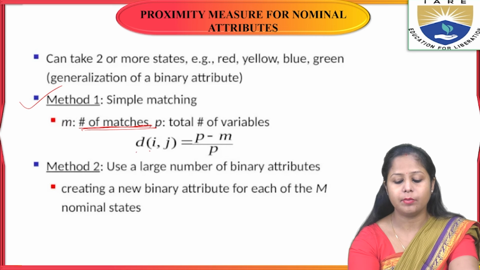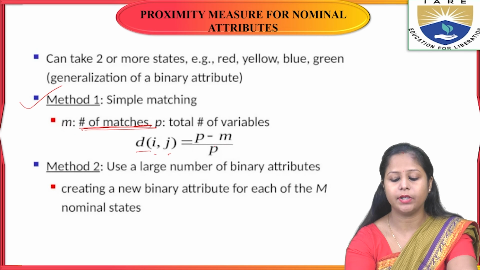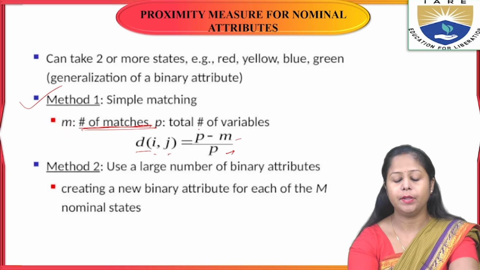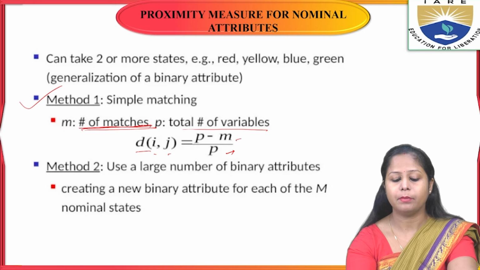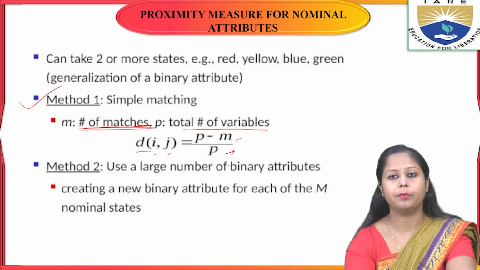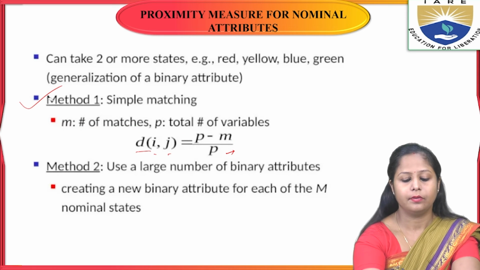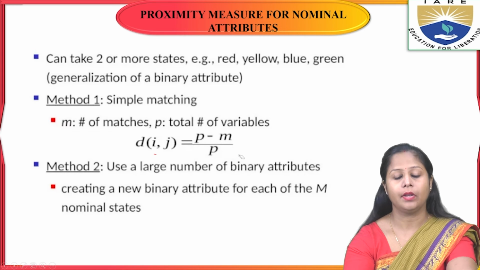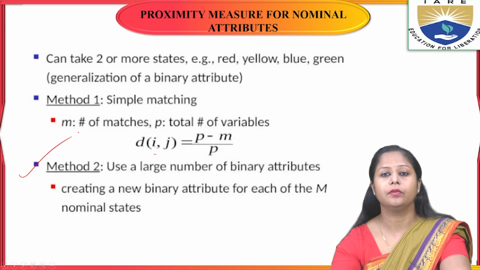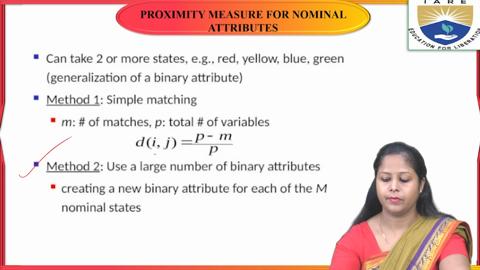So the dissimilarity of i and j we will calculate as (P minus M) upon P. P means total number of variables minus total number of matches, upon total number of variables. So that will be the first method to calculate the dissimilarity of the 2 points. In the second method, we need to use a large number of binary attributes, and then we will create a new binary attribute for each of the M nominal states.